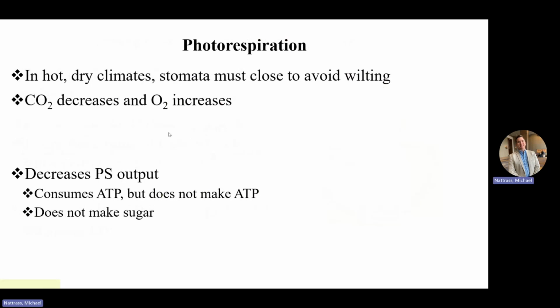One of the major issues with C3 plants is that they are susceptible to photorespiration. Remember that the Calvin cycle can happen during the daytime, it can happen during the nighttime. It is an unregulated process. During hot, dry climates during the day, the stoma will close, which means that as the plant is still performing the light reactions, one of the byproducts of that light reaction is oxygen.